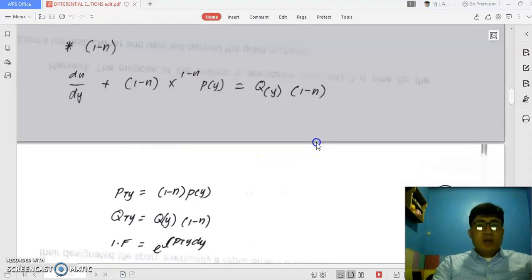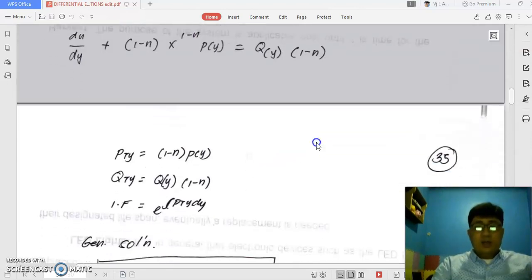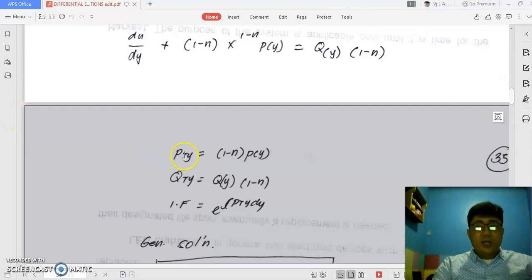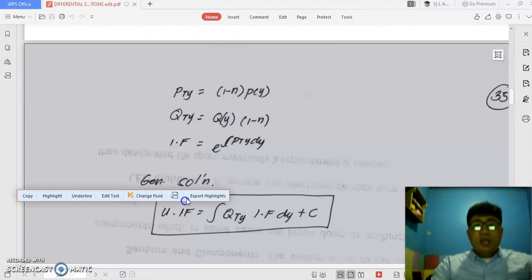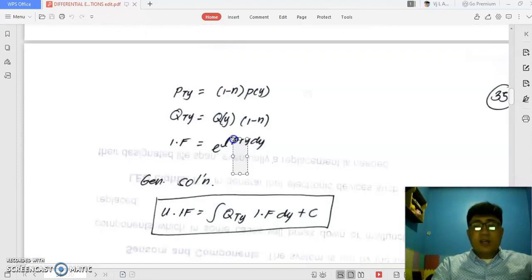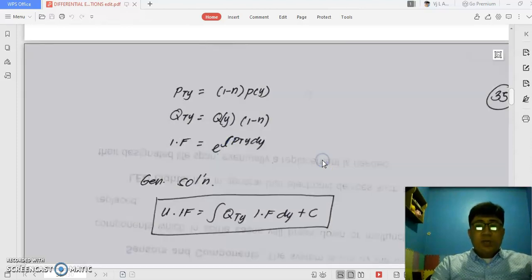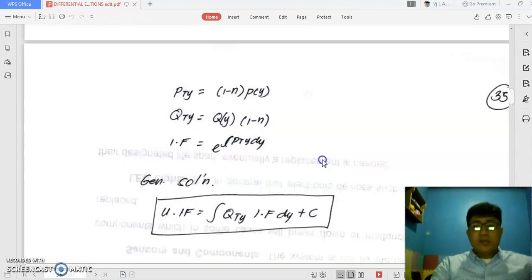Now you can get your P(y), Q(y), and now you can get your integrating factor, which is e raised to the power of integral of P(y) dy, because we are now in Bernoulli in x.